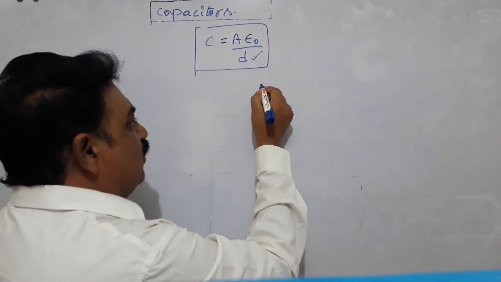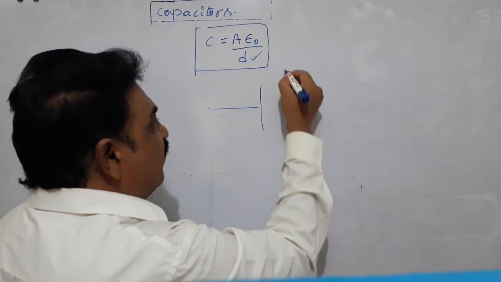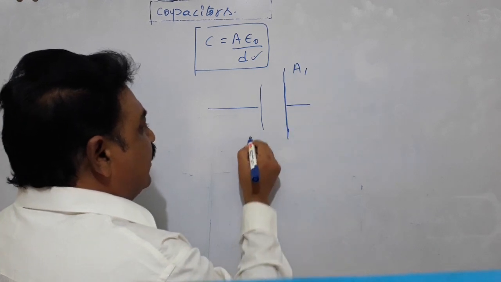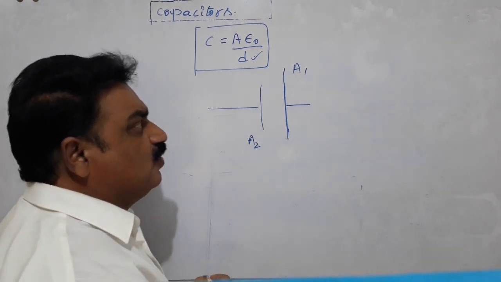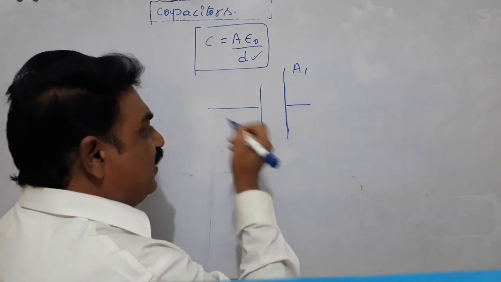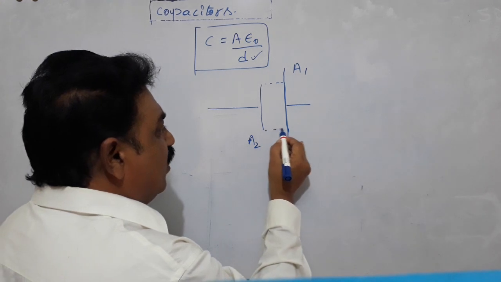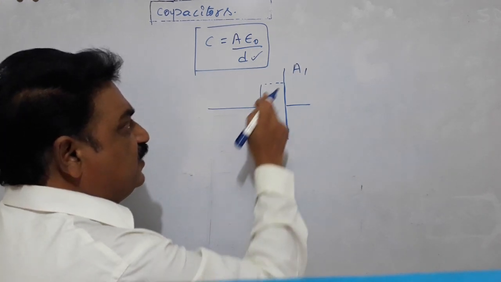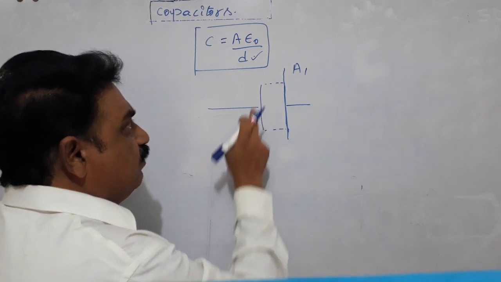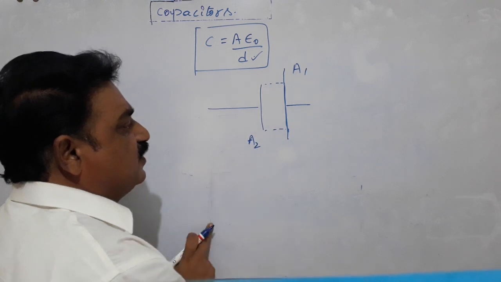So for example, if one plate has area A1 and the other plate has area A2, which area do you have to take into consideration? The common area which belongs to both the capacitor plates becomes the effective area of this capacitor.